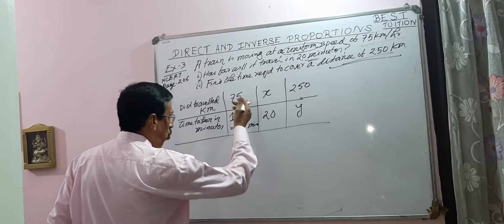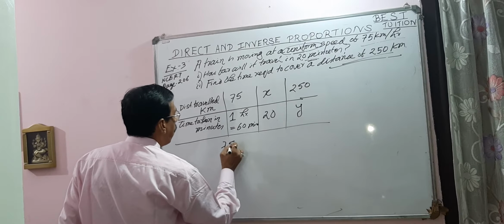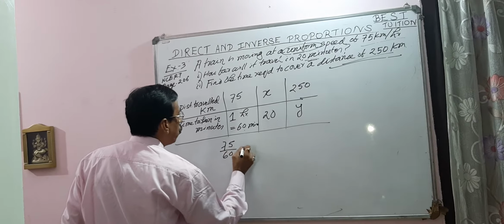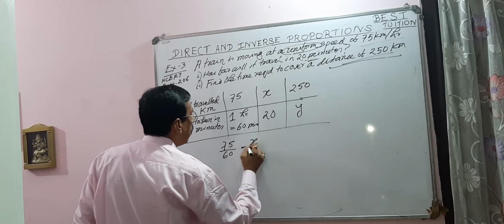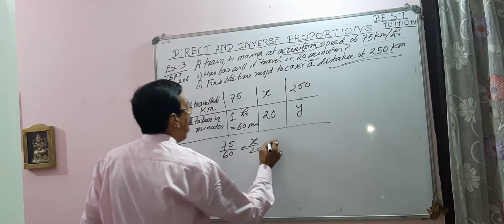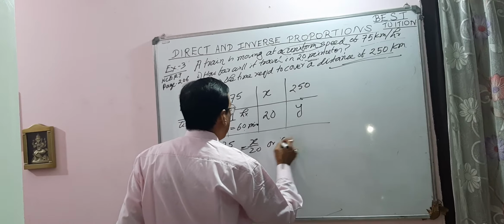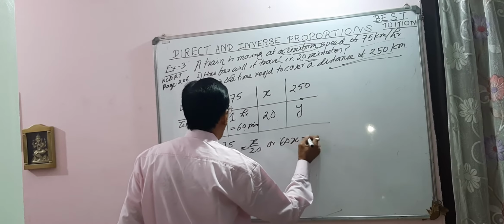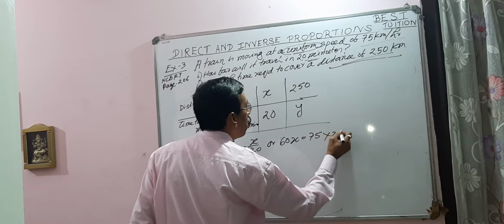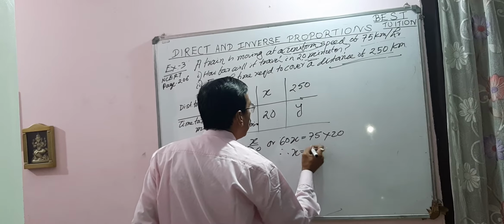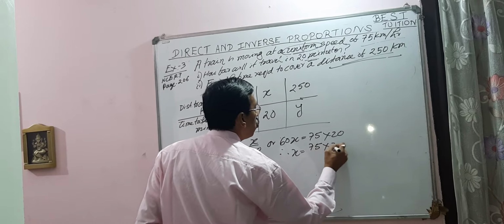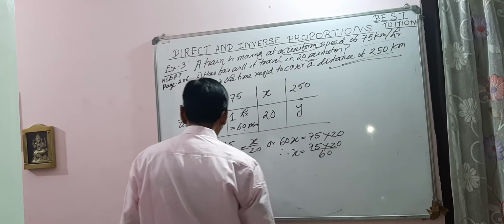What is that? x1 by y1, that is 75 by 60 is equal to x by 20. Okay. Now I shall do cross multiplication. So you know I told earlier that 60 into x is equal to 75 into 20, means x is equal to 75 into 20 divided by 60.